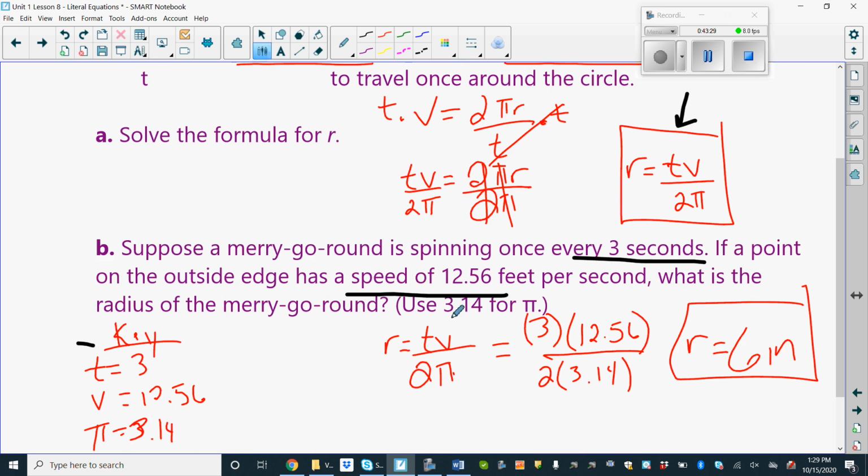And they're telling me to use 3.14 for pi. So I'm going to change pi to equal 3.14. So I rewrite my formula, r equals tv divided by 2 pi. And that equals, I substitute in 3 times 12.56 divided by 2, which stays, and substitute 3.14 in for pi. When you type that into your calculator, you get r equals 6 inches.